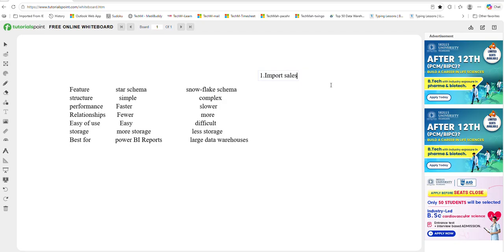This is the practical demo explanation. Next is import the products table. We need to import the product table.